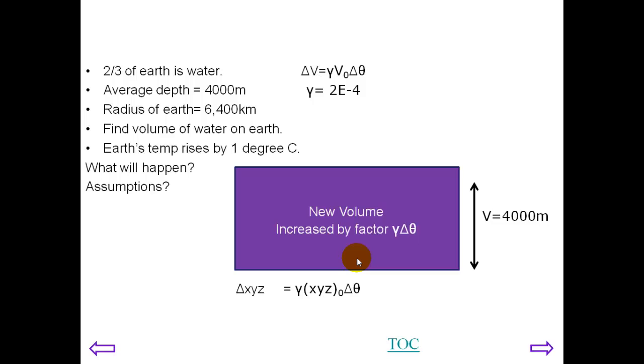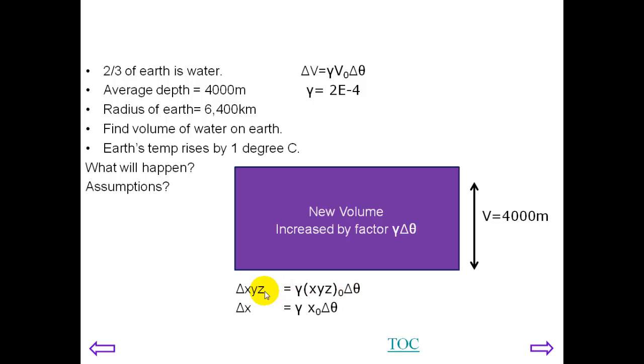Excuse me, this should be y times xz naught, not y times xyz naught, times delta theta. The change in volume is equal to gamma times xyz naught, which is the original volume, times delta theta.